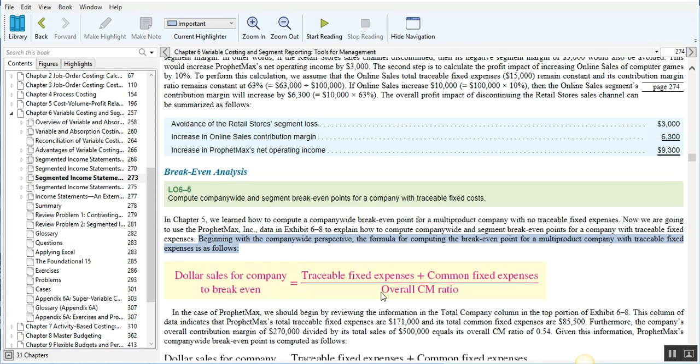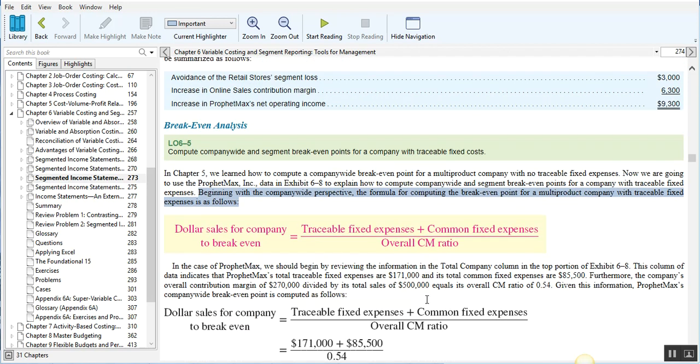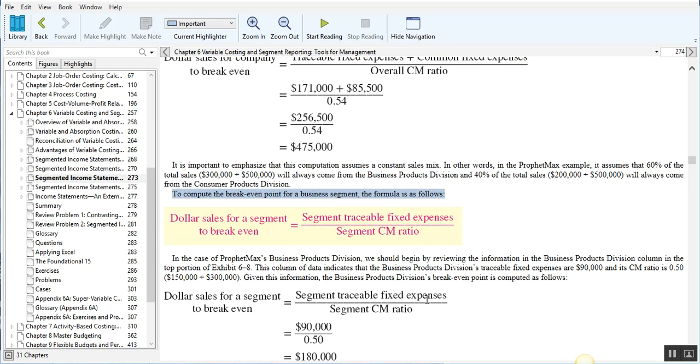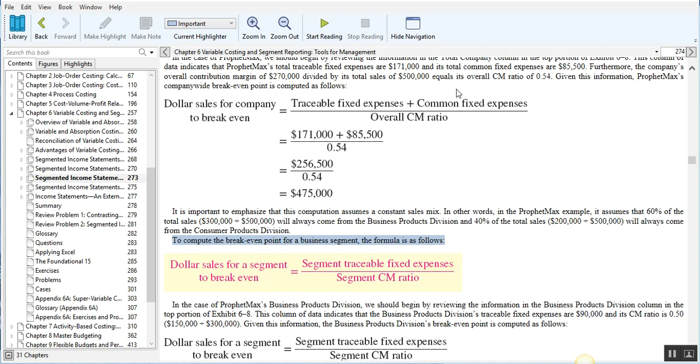Now here's what we're looking at when we talk about break-even analysis on a segment. Well, this is for the whole company. So when we're talking about the whole company, we're talking about traceable fixed expenses plus common fixed expenses divided by an overall contribution margin ratio. That's a fairly straightforward calculation to figure out. Now, if we're going to calculate the break-evens for a segment, we're going to drop off these common fixed expenses.